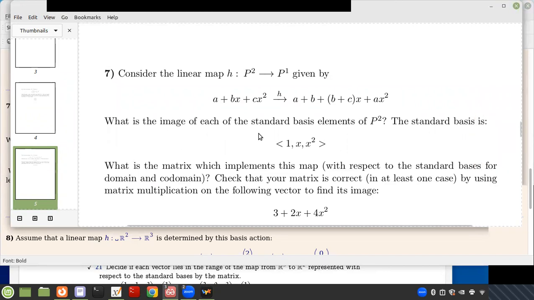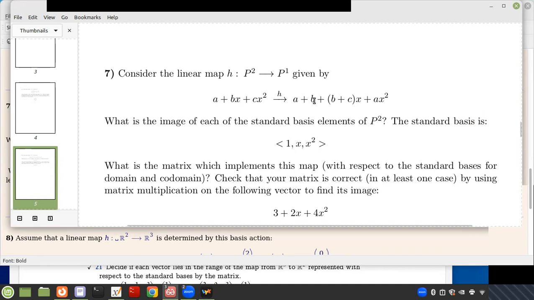What is the image of the standard basis elements of P2? We want to find the image of 1, x, and x squared, so we use this formula to find the polynomial. Then, what is the matrix which implements this map with respect to the standard bases for domain and codomain?